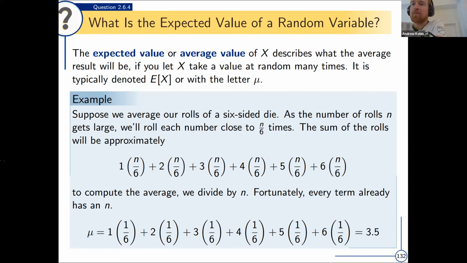So the sum of the rolls will be approximately a weighted sum of each of the outcomes, where we weight the outcomes 1, 2, 3, 4, 5, and 6, the number of dots that shows up on the die, according to its likelihood of occurring. So each one has an n/6 likelihood of occurring if n is the number of times that we roll the die.